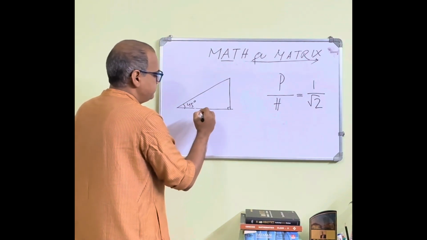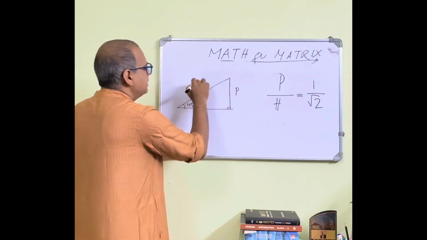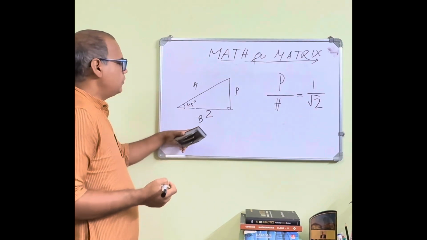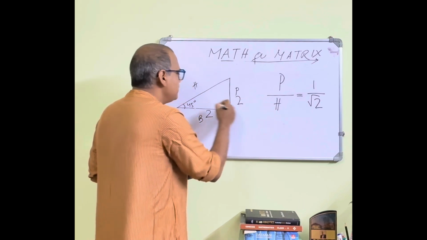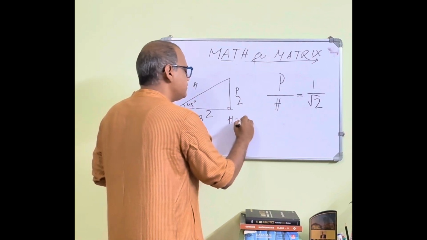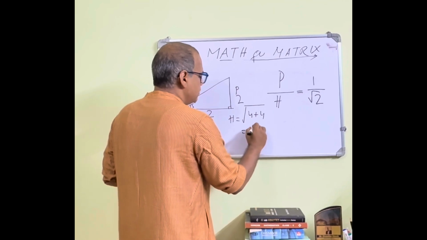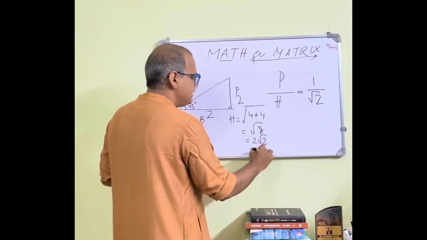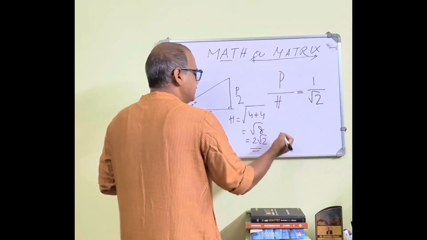This is base, perpendicular. I'm making it as 2. So again, as I showed in the previous example, your hypotenuse would be square root of 4 plus 4, 8, so 2 root 2. I'm repeating this for this right angle triangle as well.